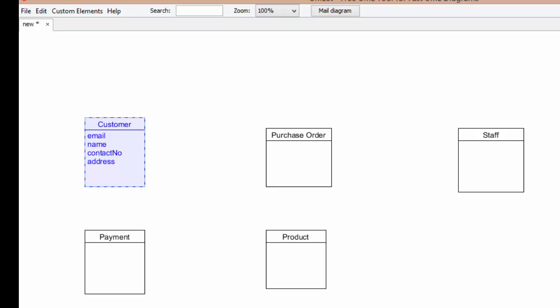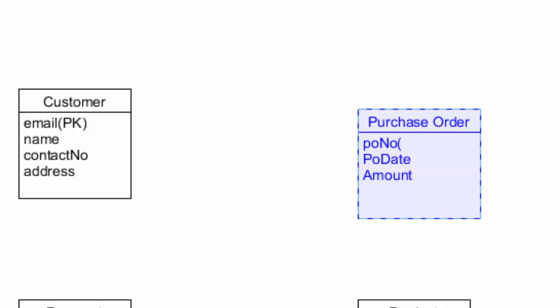And for customer, I make email as primary key because all of we have different email address. For purchase order, we have attribute purchase order number, purchase order date, amount, and we will make purchase order number as PK because it's unique.